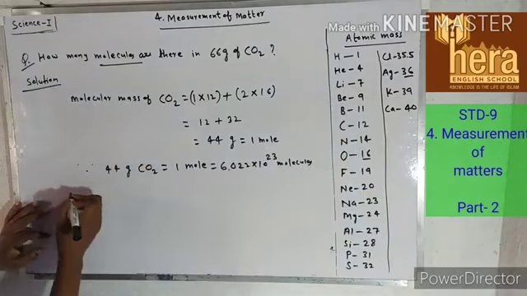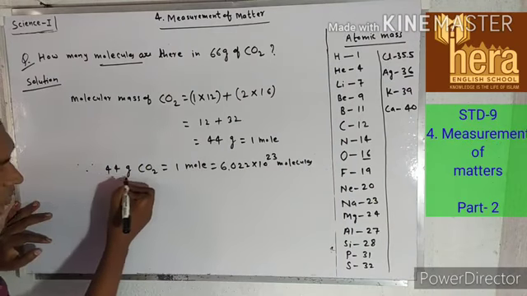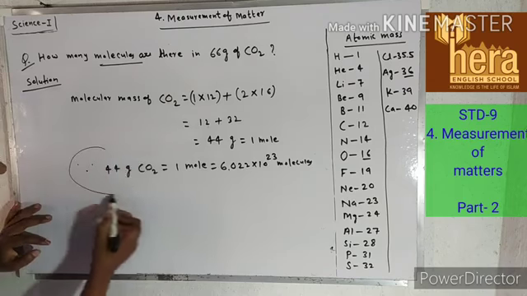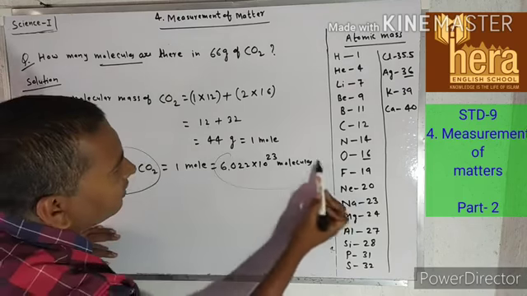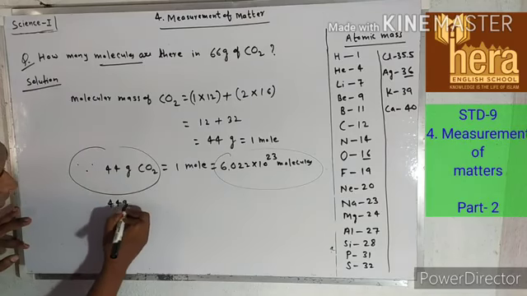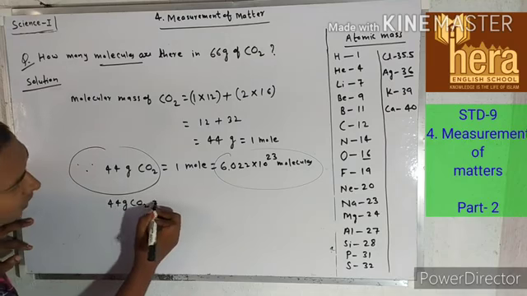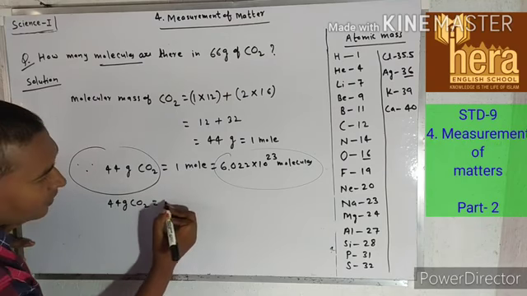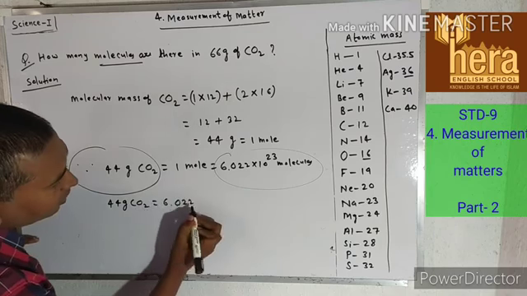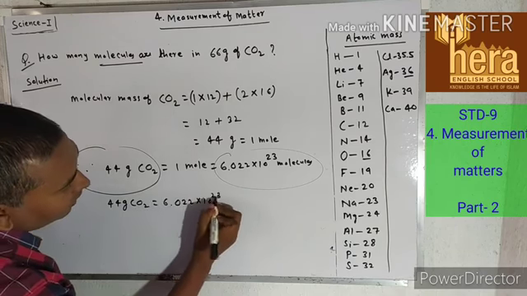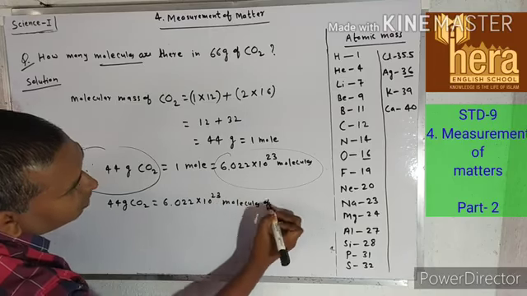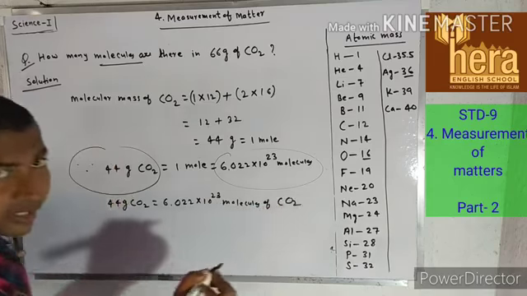So 44 gram of CO2 is equal to, now take these two, this and this. So we can write here 44 gram CO2 is equal to 6.022 into 10 raised to 23 molecules of carbon dioxide.